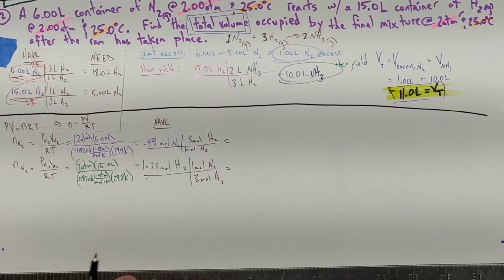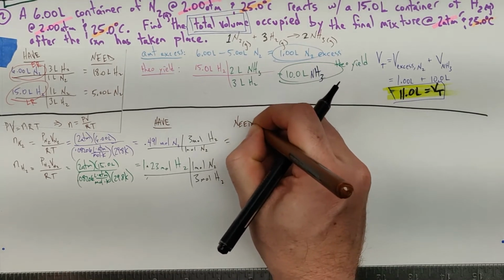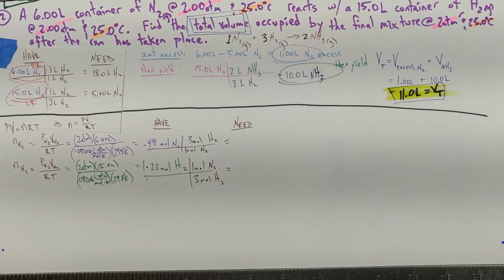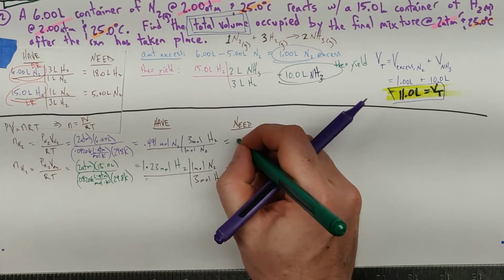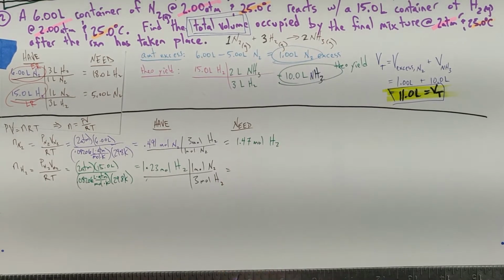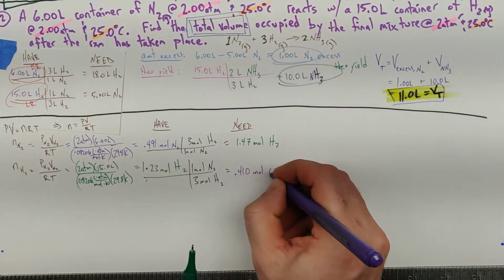And we find out that we need, and I'll be a little cleaner with my color coding, for the first one, 1.47 moles of hydrogen, and for the second one, 0.410 moles of nitrogen.